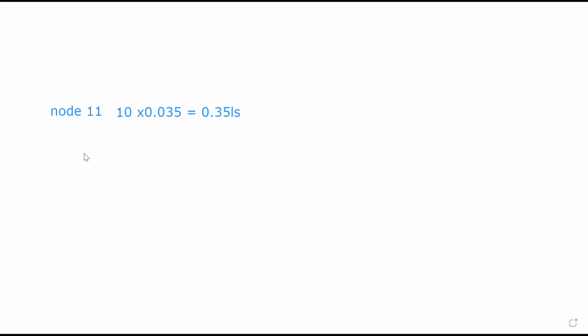Stay with me. Node 7 is equal to node 6. You don't need to mention node 13 again because node 13 is inside node 6, plus node 11 plus itself.